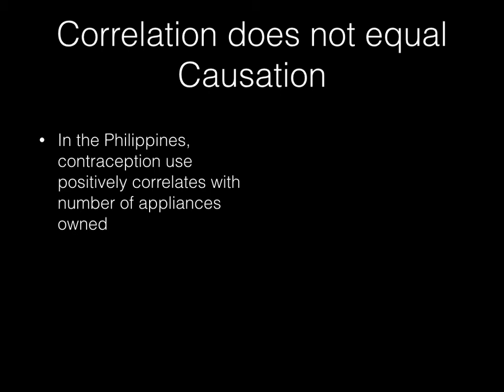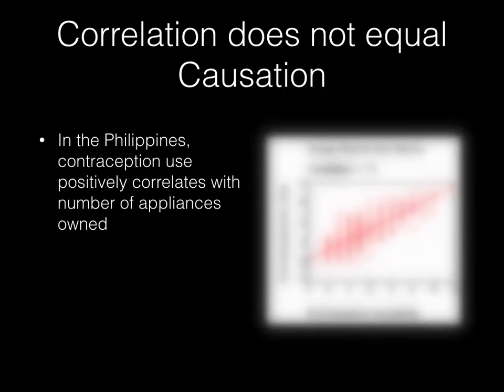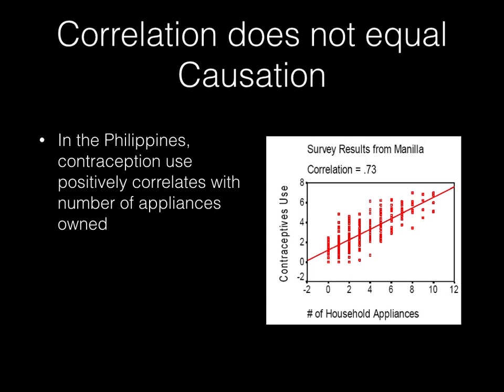There was an overpopulation problem, so they wanted to figure out how to slow the population growth. This study did a survey and asked people how often they used contraception, and then asked them all sorts of other questions about their life. The number one thing that they found that correlated with how often they used contraception was the number of household appliances that they had.